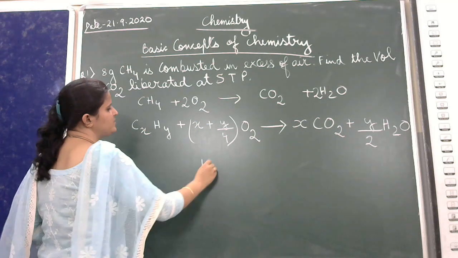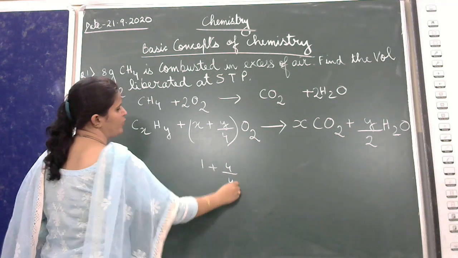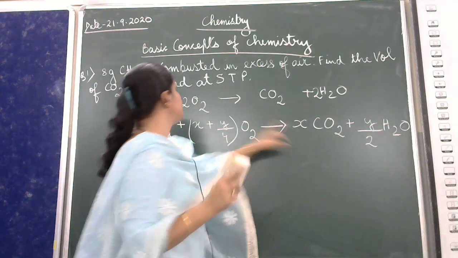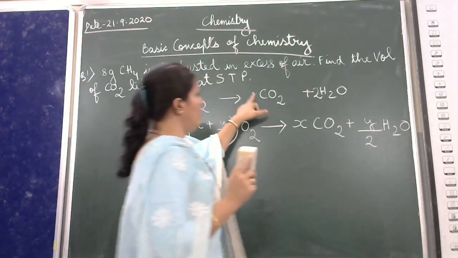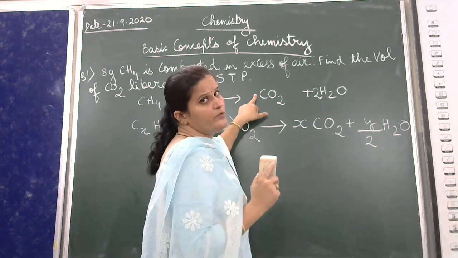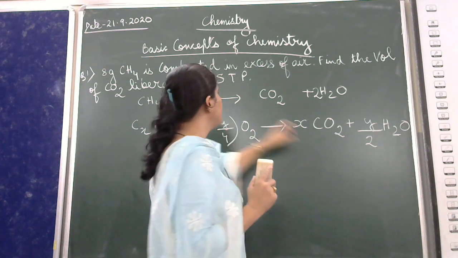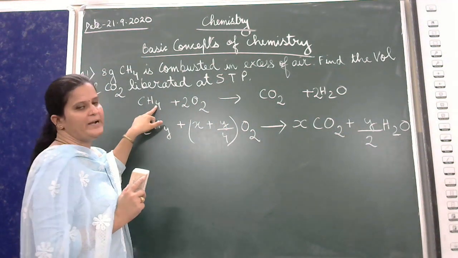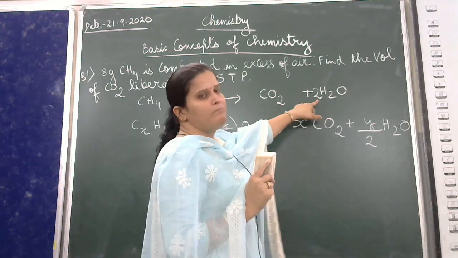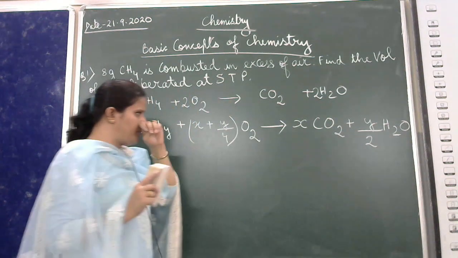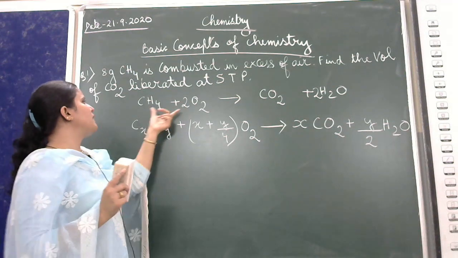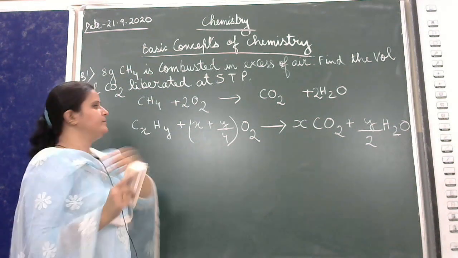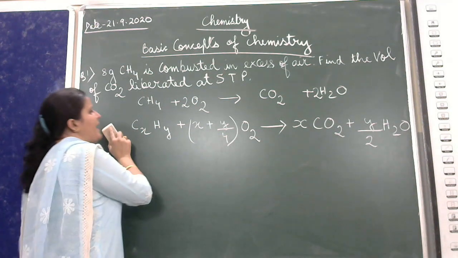So this becomes 1 plus 4 by 4, means 1, that is 2. Isn't it? And x is what? x is 1, so the coefficient of CO2 will be 1. And y by 2. Now what is your y? y is 4, so 4 divided by 2 means 2. So you can balance any hydrocarbon combustion; the equation of combustion of any hydrocarbon can be balanced using this formula. Okay. Now see, I'm dropping this. This will help you, note it down.